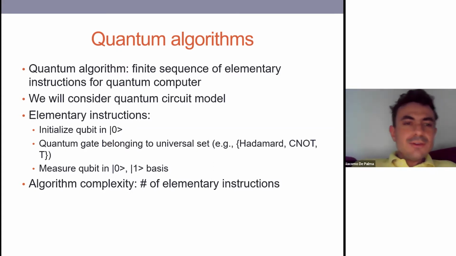As I told you, if you make a reasonable choice of the universal gate set, this number does not depend too much on the choice of this set. So we will not care too much about this detail.